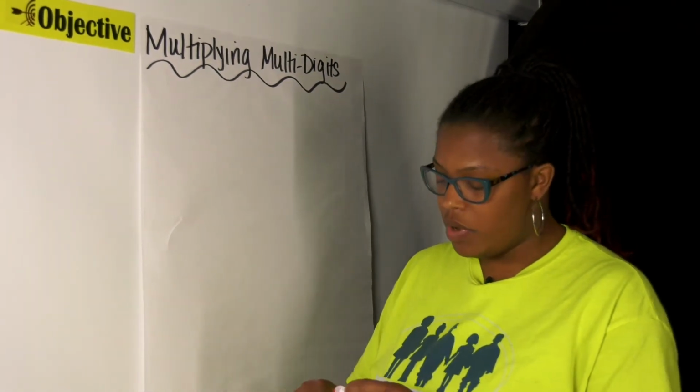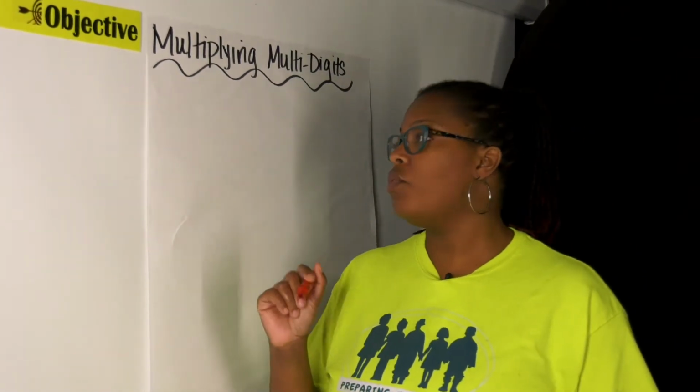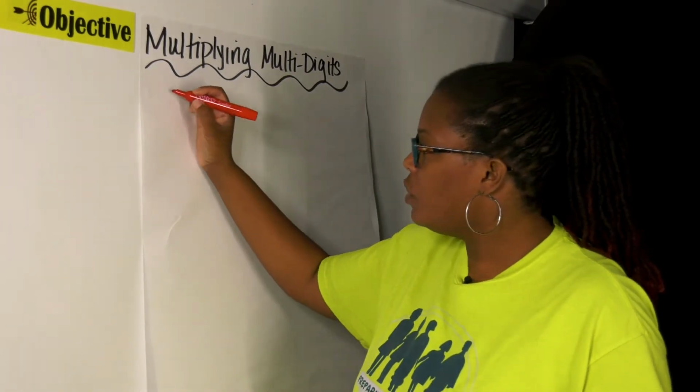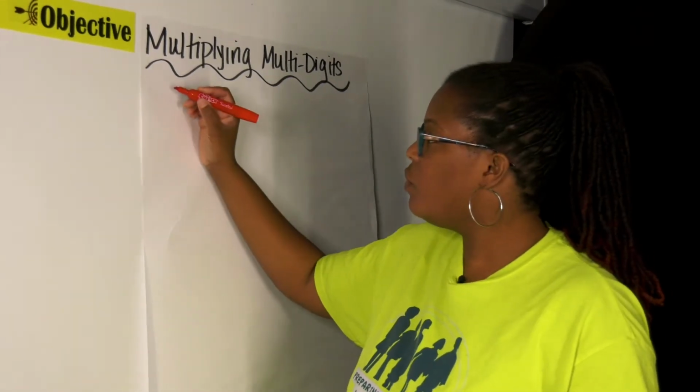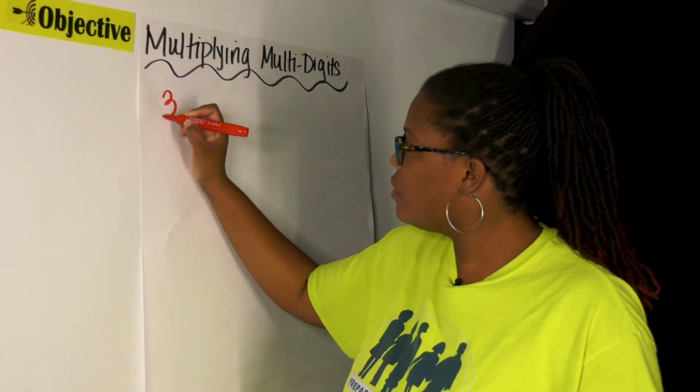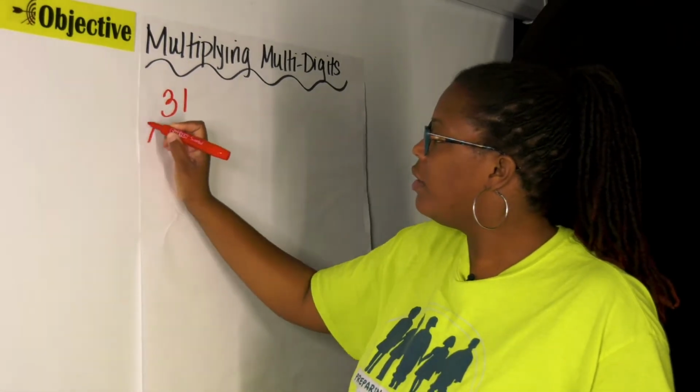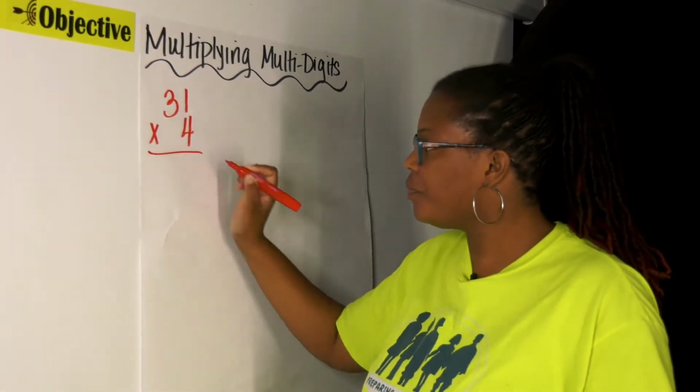So I'm going to start with 2-digit by 1-digit examples, and then we'll shift to 2 by 2, then 3 by 2, and we'll keep going just for practice.